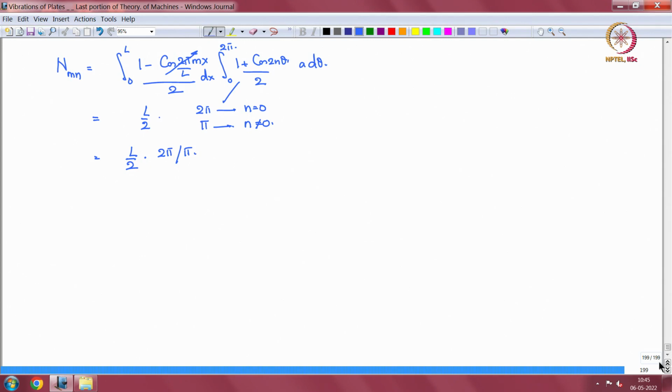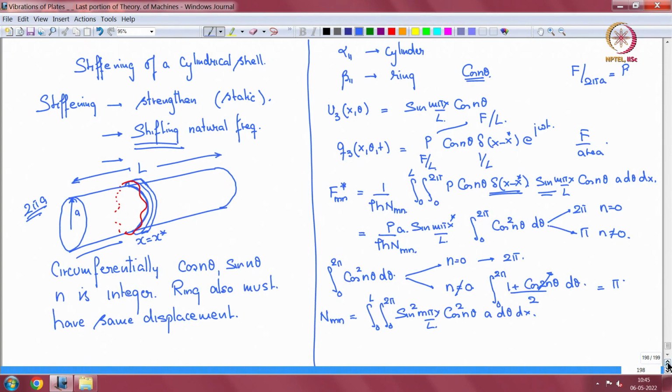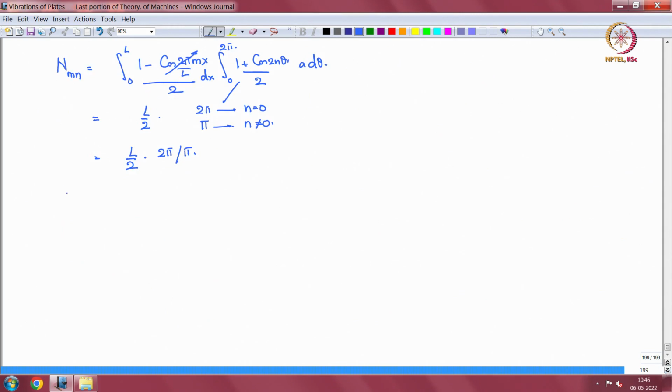Now for the other part, what did I have? P A by rho h sine m pi x star by L, and the other part was 2 pi or pi.